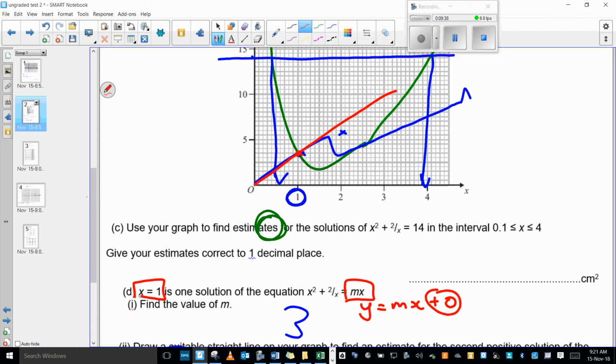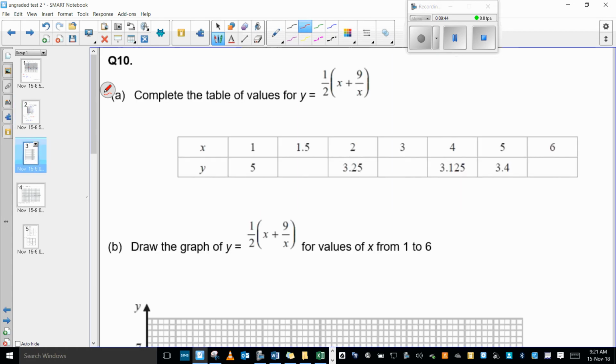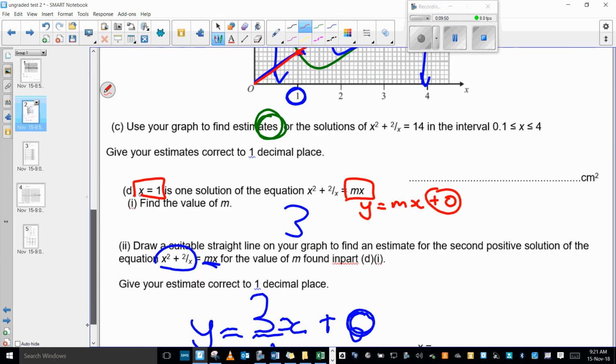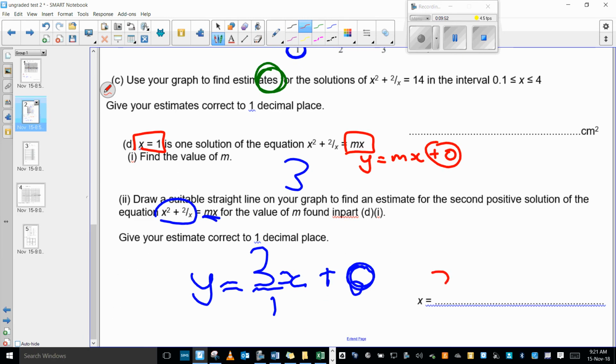Does that work? No, I'm going back to this one. No, wait. Answer x equals 1. I told you that. Approximately 2.7. How'd you get 2.7? Well, where that line hits the graph again, 2.7 here.